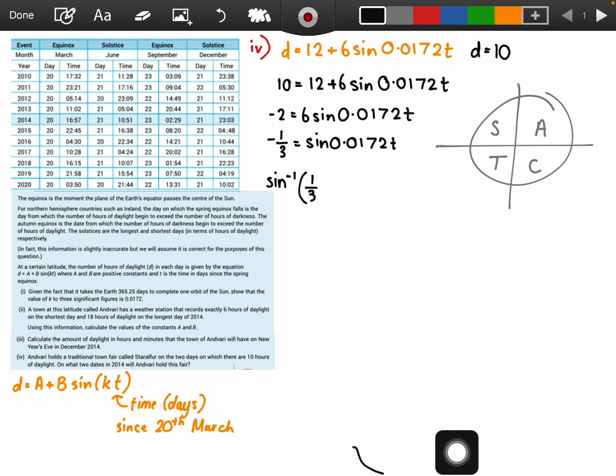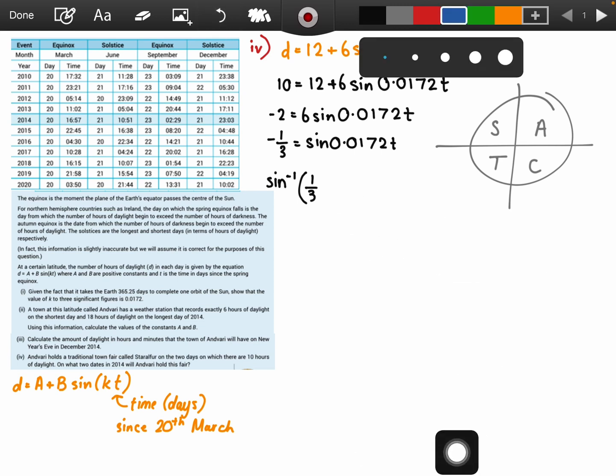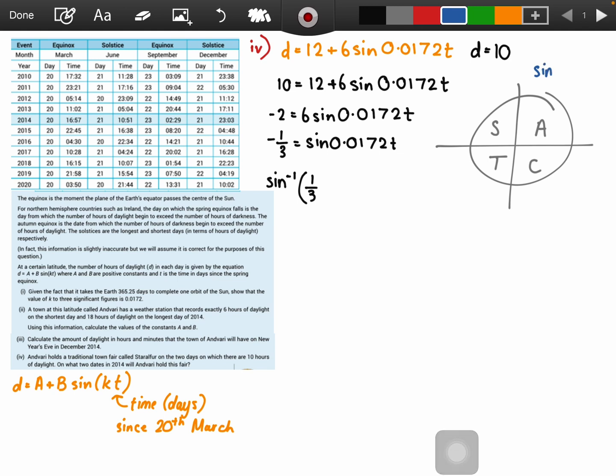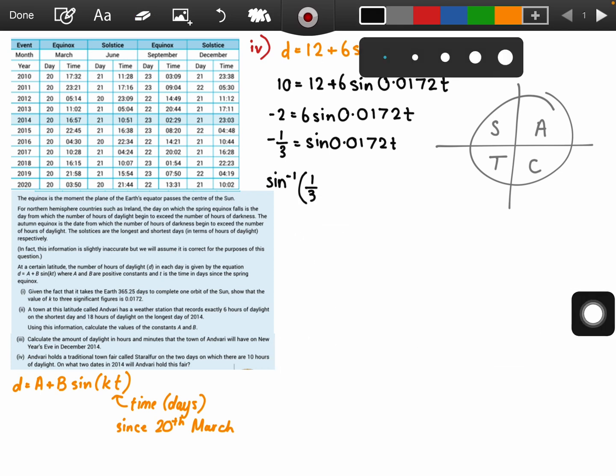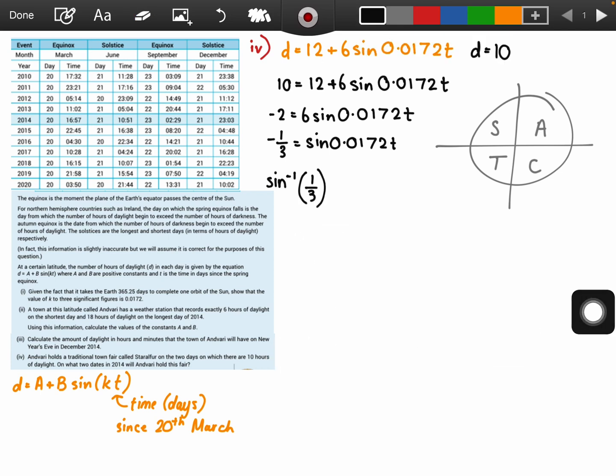Now we know from our log tables that it actually doesn't make a difference. Remember, the sine of an angle is the same as the sine of minus that angle, but I'm just going to make it positive and get it as a reference angle. So what I'm doing here is asking what is that initial angle that I'm getting?